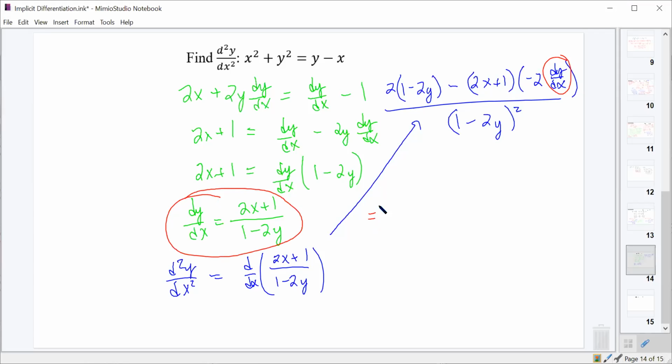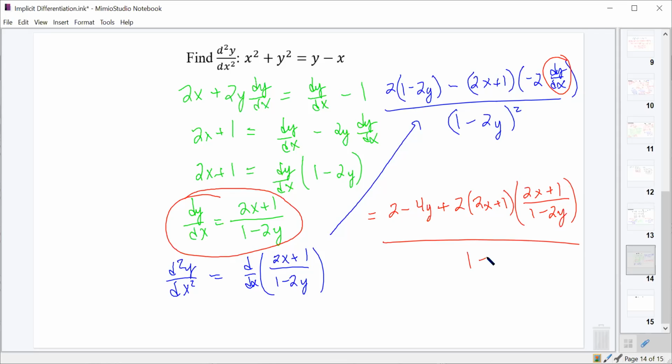So this should now become 2 minus 4y, and since I got a negative 2 in the negative, we'll call this plus 2 times 2x plus 1 times that dy dx. Good or no?